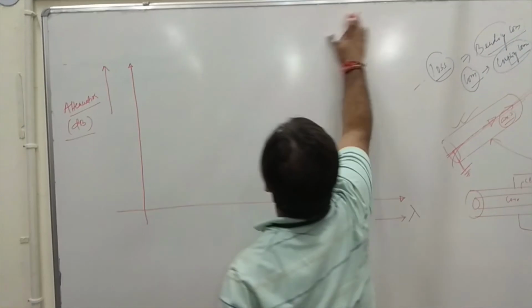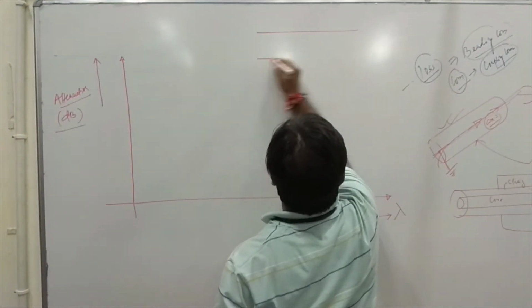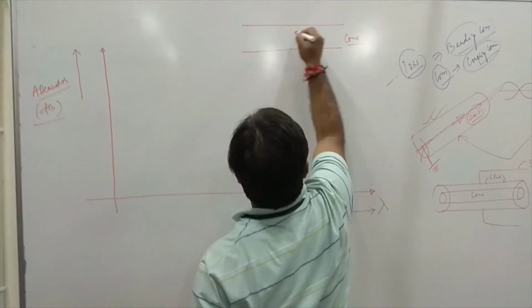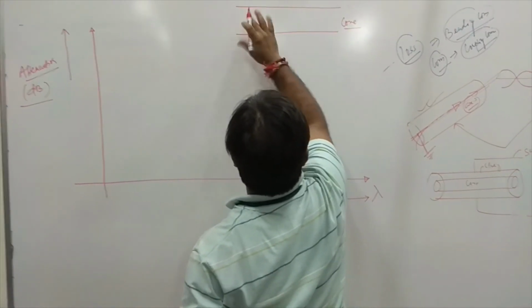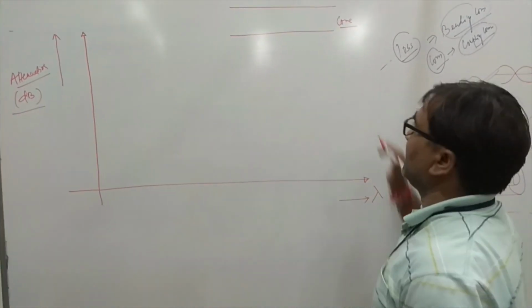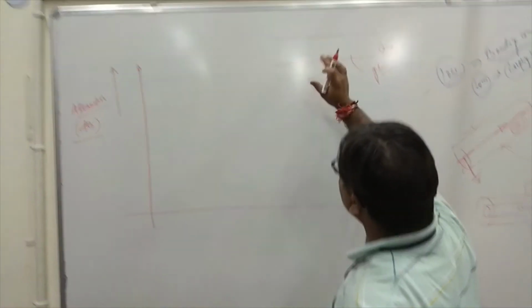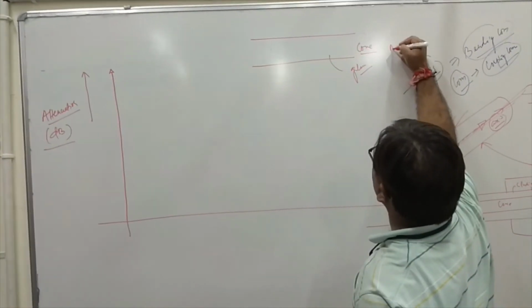Let us assume that this is the core of the fiber, and this is the glass, with impurities inside the glass. Due to these impurities, attenuation can be increased.